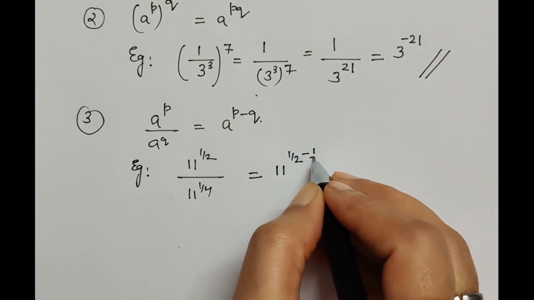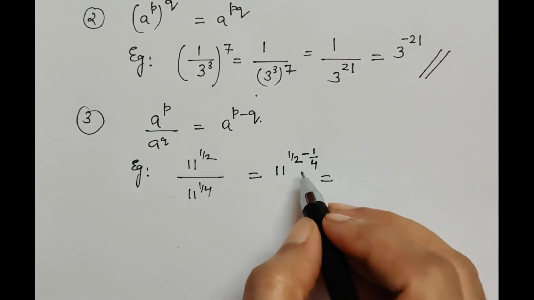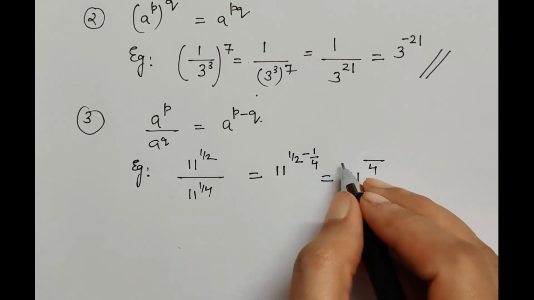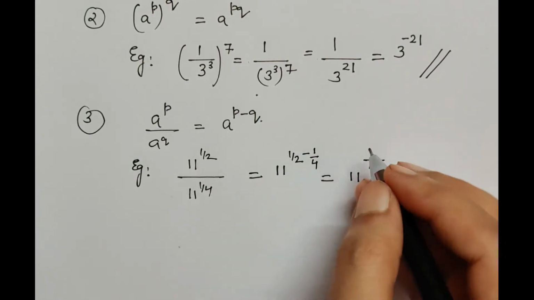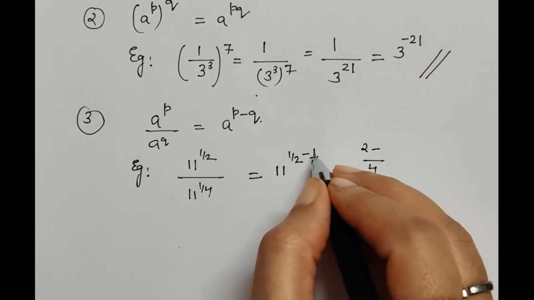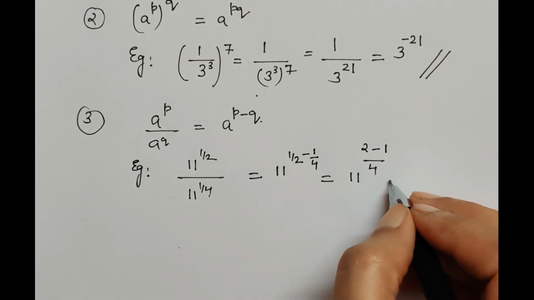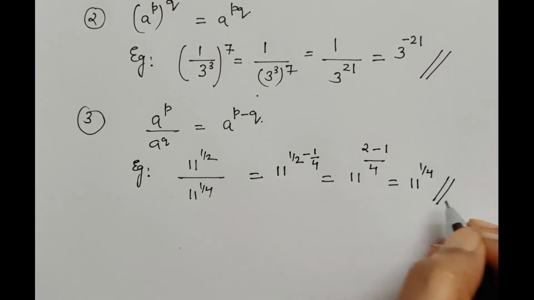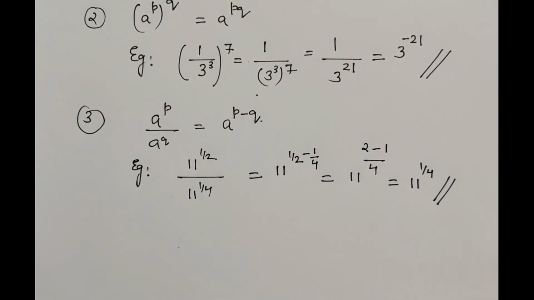So it will be minus 1 by 4. Now let us find out the LCM. The LCM is 4. 2 2s are 4 and that 2 gets multiplied with the numerator. Minus 4 1s are 4 and that 1 gets multiplied with its numerator. So we have 11 to the power 1 upon 4.